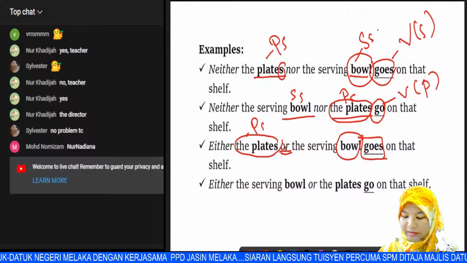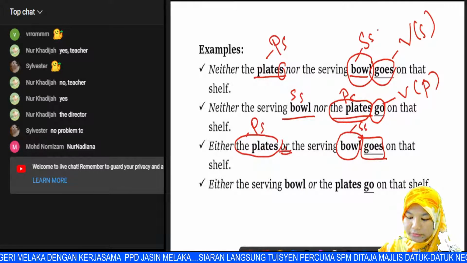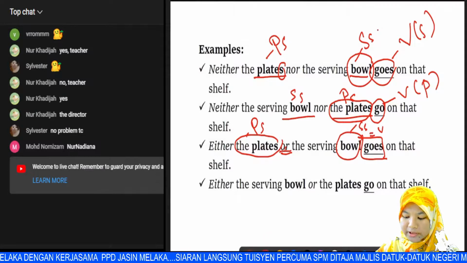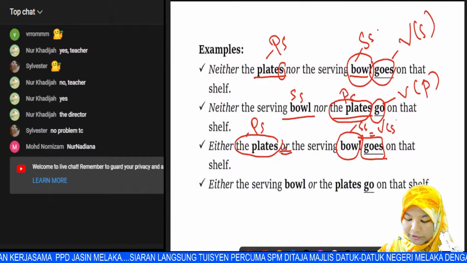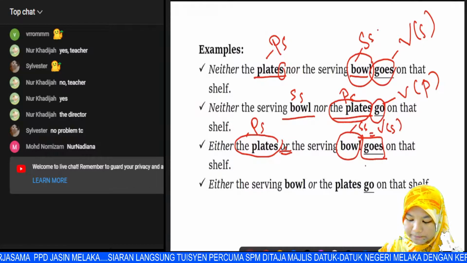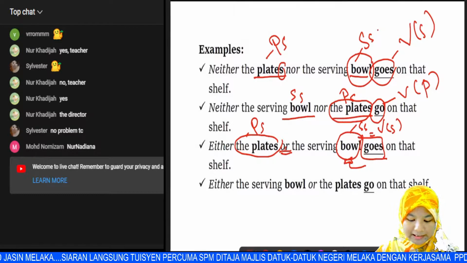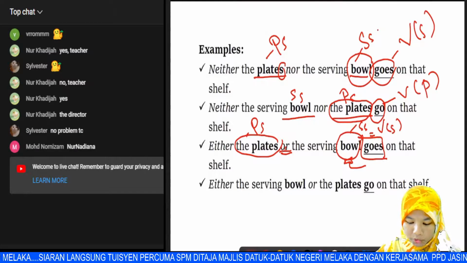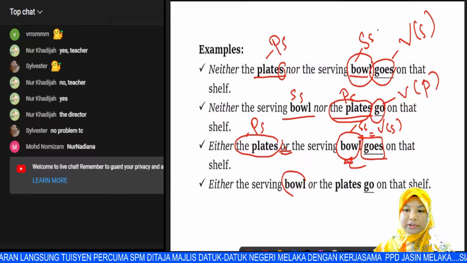Plural subject, bowl will be singular subject, so it equals a singular verb, because it refers to this one, bowl.